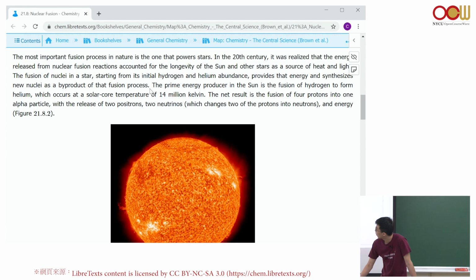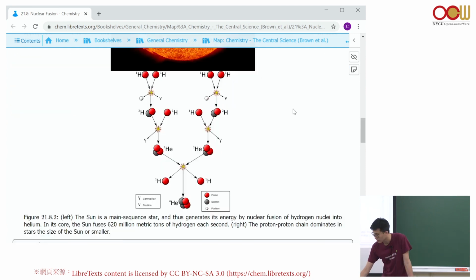So inside the core of the sun, the temperature is estimated to be 14 million Kelvin, so very, very hot. And here is a picture of what's going on. They give off a lot of gamma radiation, and these are all estimations, but if you think about it, it's a lot of material involved in these processes.